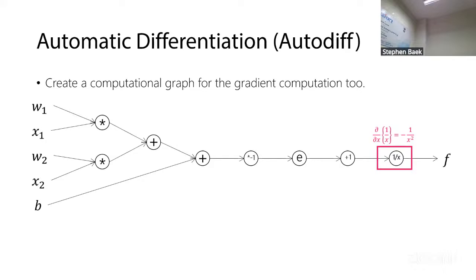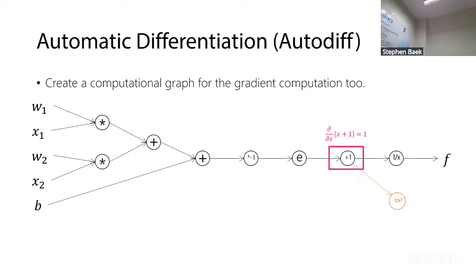For example, for this node, 1 over x, we know the analytic derivative is negative 1 over x squared. So the autodiff engine creates a node that corresponds to -1 over x squared, and that node is connected to the node prior to the original node.